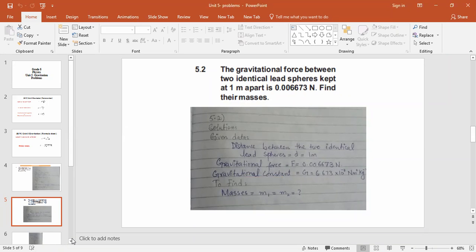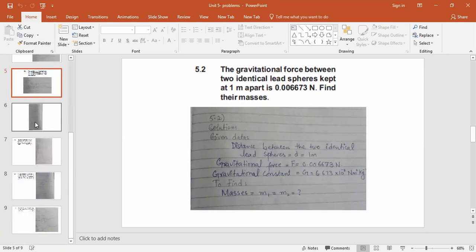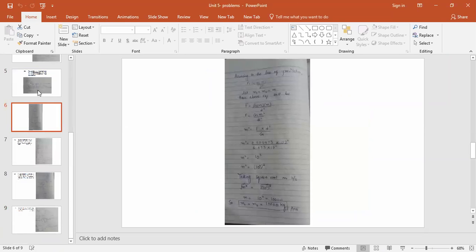Now we know what is given to us and what we have to find out. Now we will solve this problem. As you know, the law of gravitation is F is equals to G m1 m2 by d square.